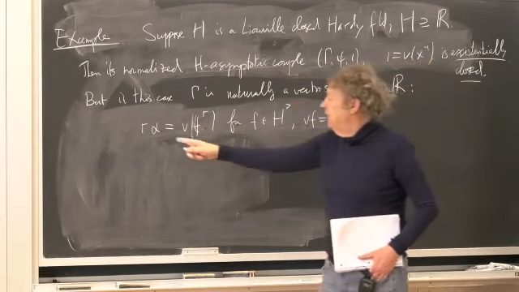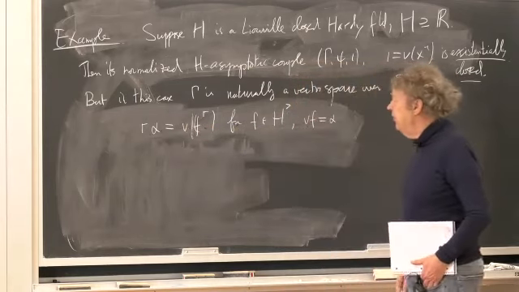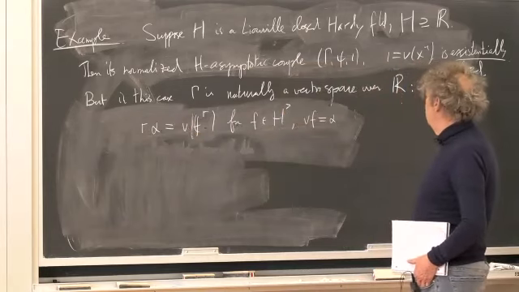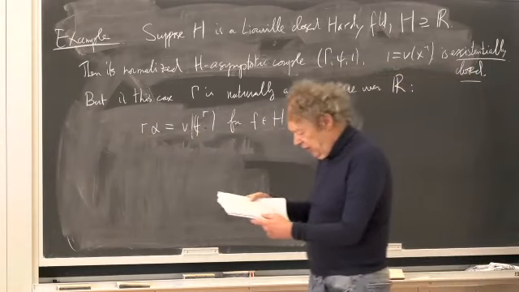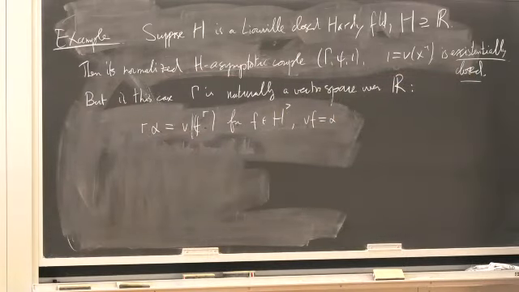So this is a well-defined operation, and it makes gamma a vector space over R, which extends, of course, the usual Q vector space structure.